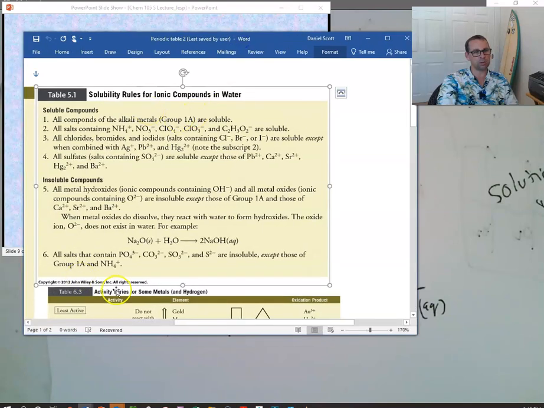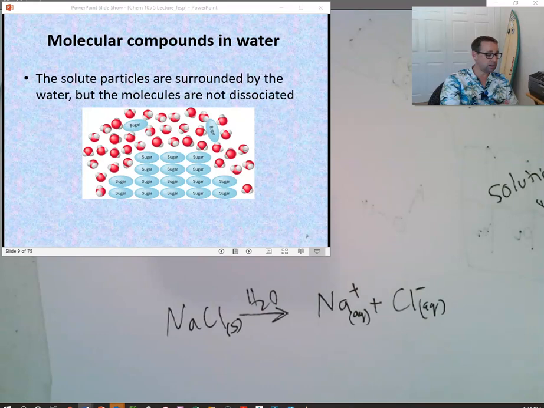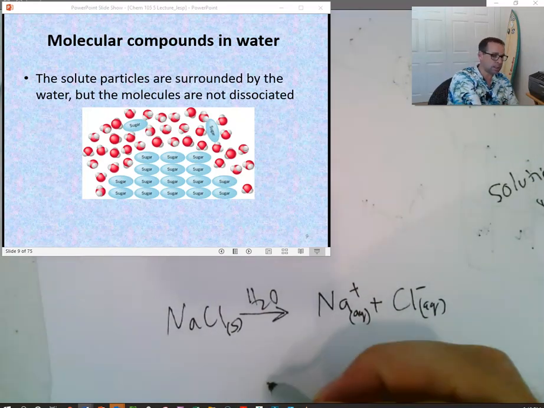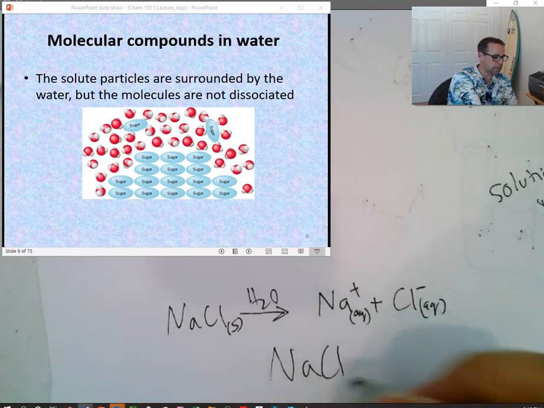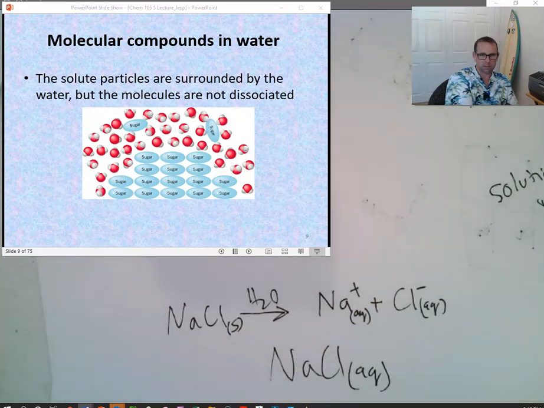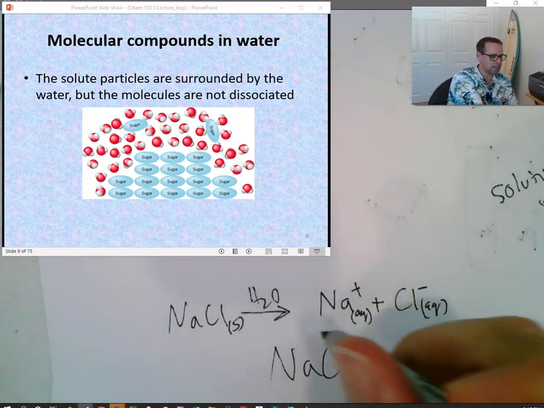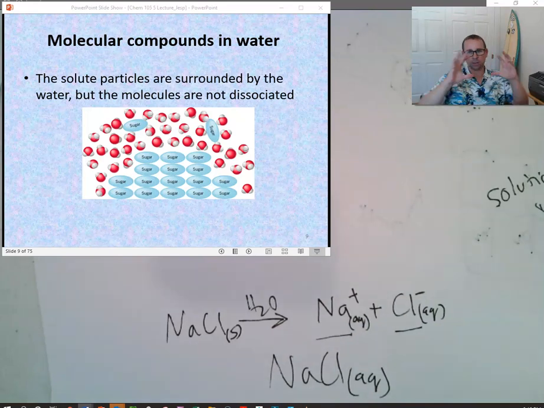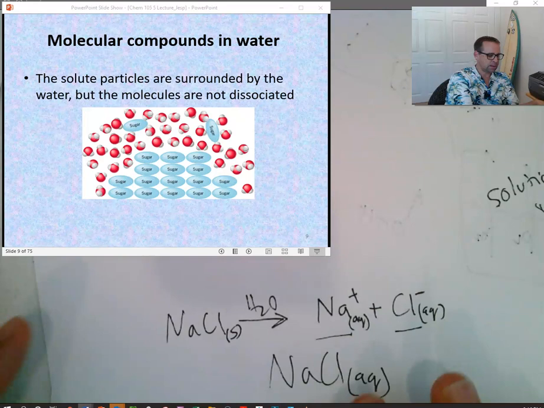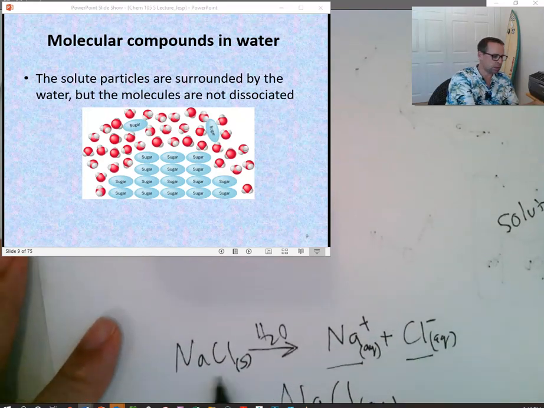That means they dissolve in water. And so when we find an ionic compound that dissolves in water, we write it like this, NaCl aqueous. That means sodium chloride dissolved in water. But we have to remember that really what's happening is that these ions are separate like that, being entertained by water molecules.